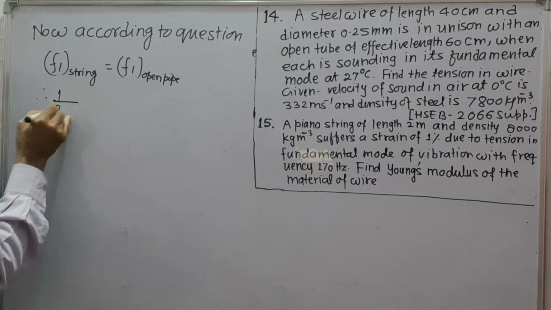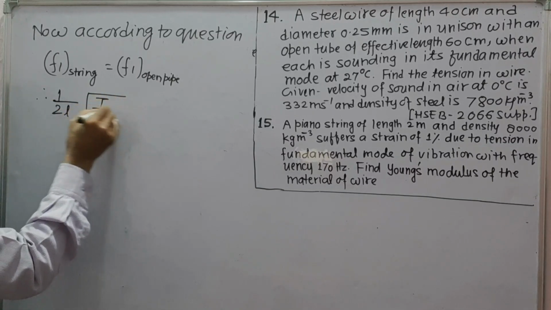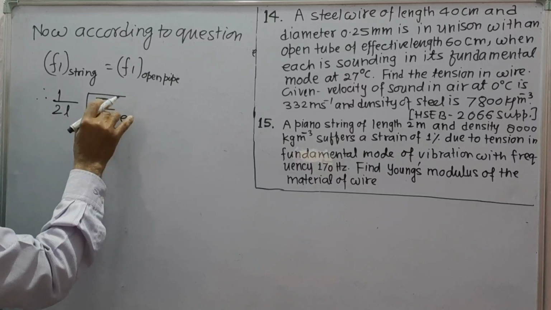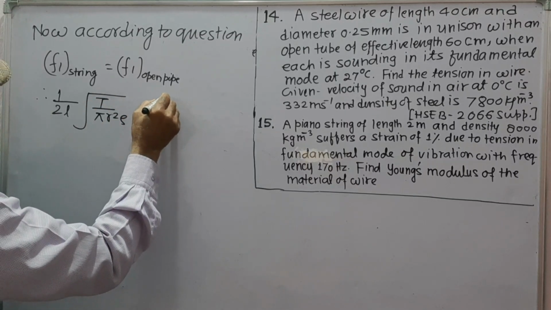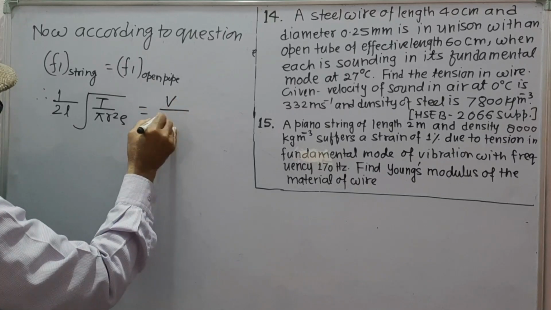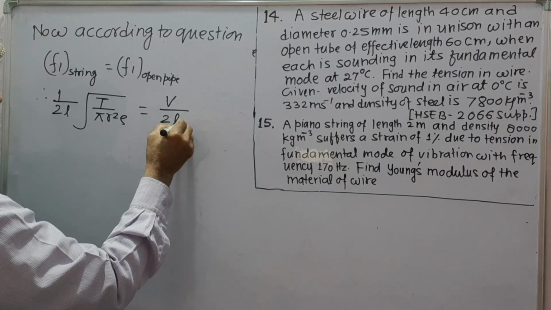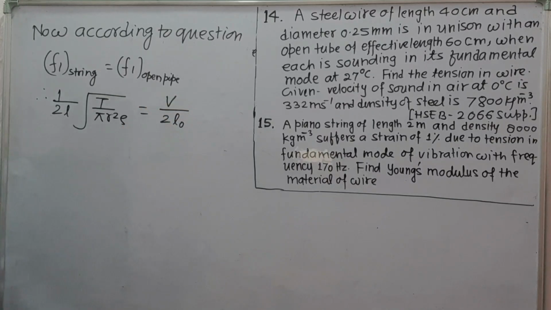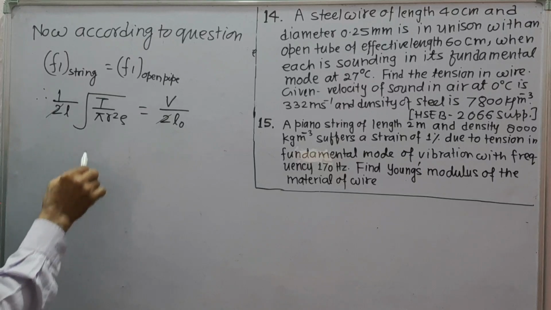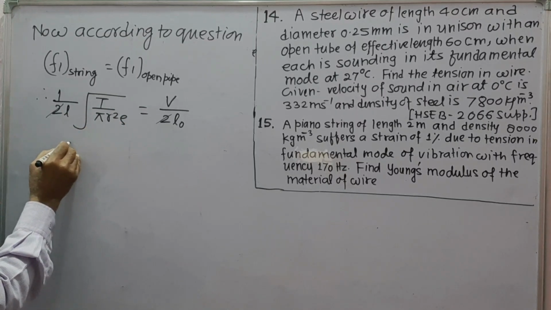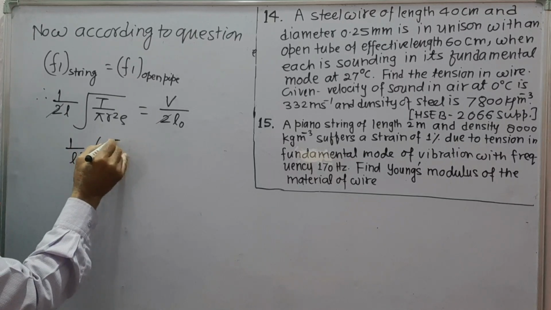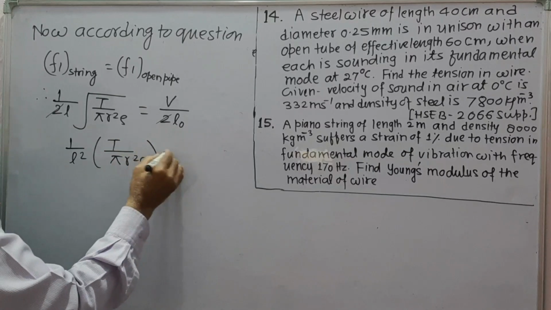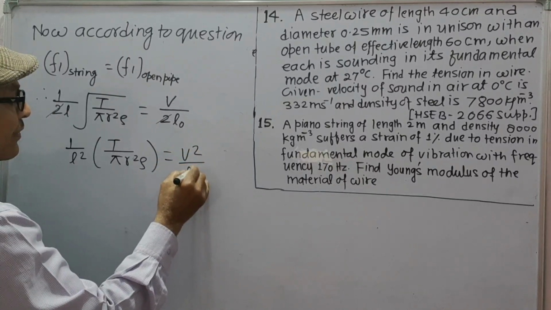That is, 1 upon 2 L of the string into under root T by M, where M is pi R square into rho, will be equal to V upon 2 L naught, because the fundamental frequency of an open organ pipe is V upon 2 L. Here 2 cancels out and squaring both sides we get 1 upon L square into T upon pi R square into rho is equal to V square upon L naught square.